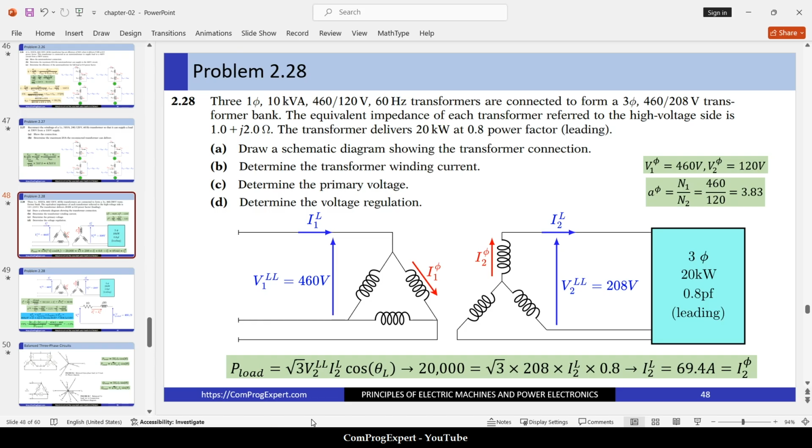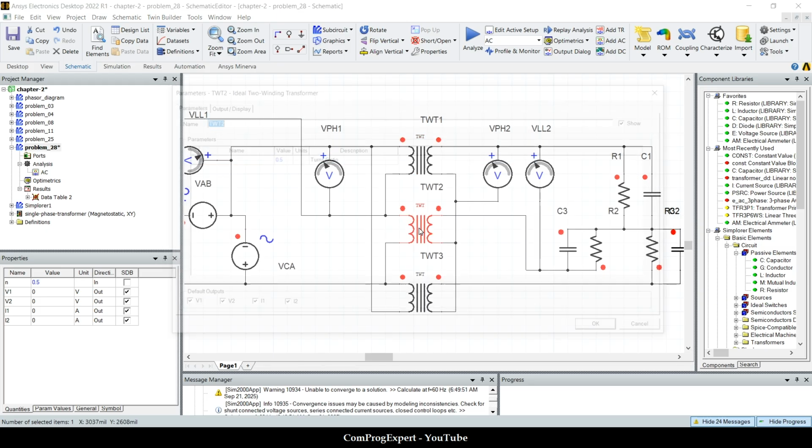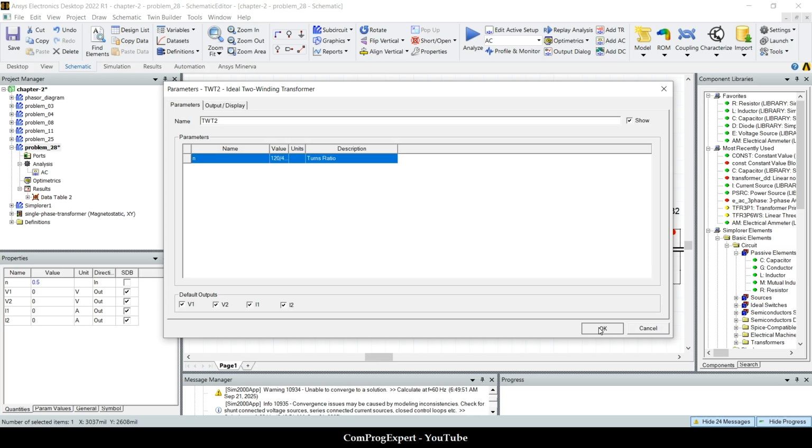What was the turns ratio in our case? 460 divided by 120. Or we can write this as 120 divided by 460, N2 divided by N1, for the turns ratio.